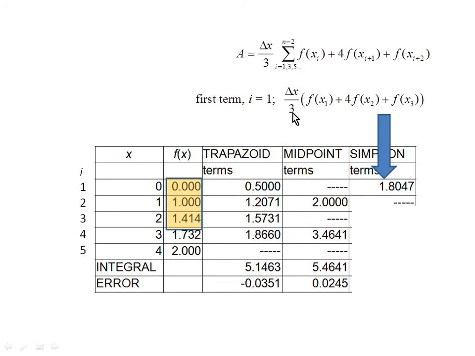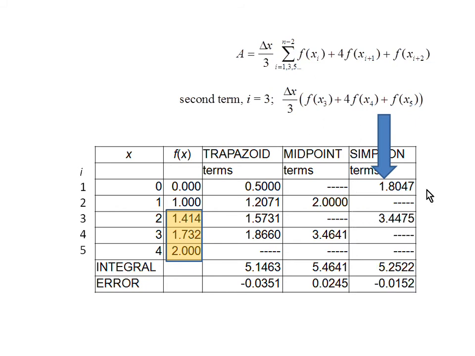So then we go for the second term, and that's going to be I equals 3. Substitute it in, and we're going to now use these 3 points, and we calculate out the second term, and we get this value, and those are the only 2 terms that we need to calculate for I equals 5.